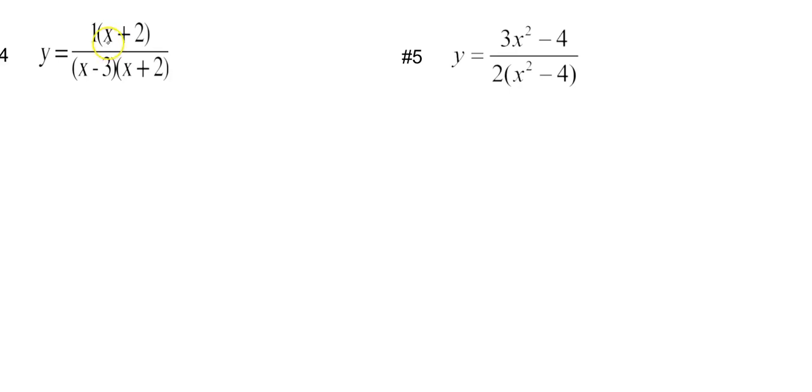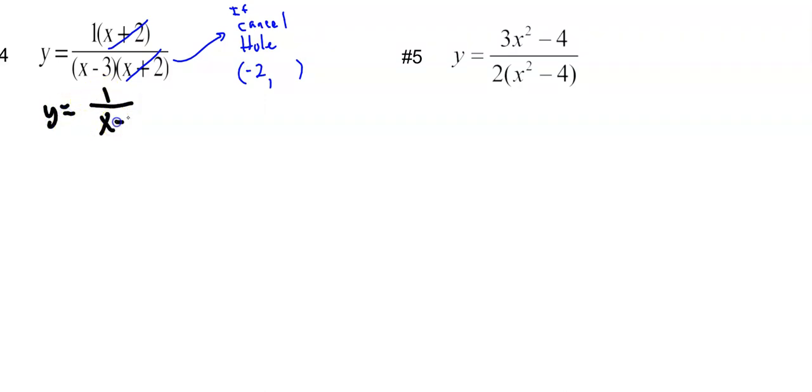But when this unique situation happens, when you cancel, you're going to get a hole. A hole is like an ordered pair. In this case, you can tell that the x value of the ordered pair is -2. My new function would be y equals 1 over x minus 3.